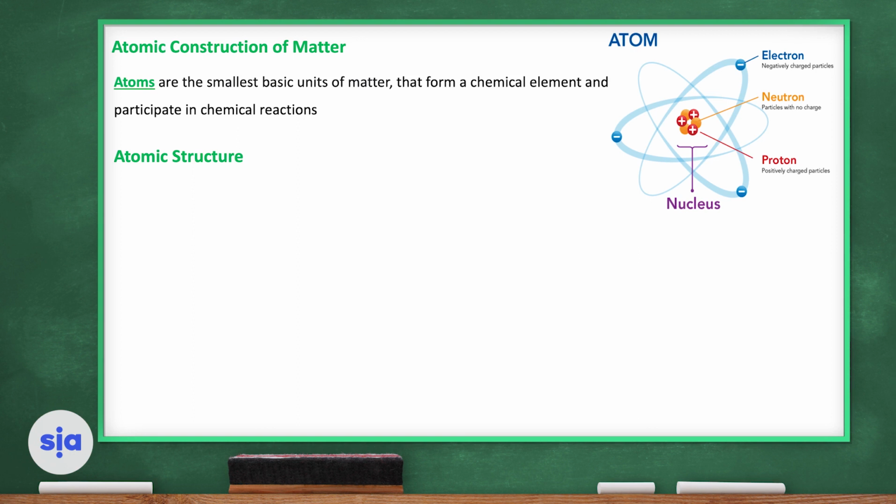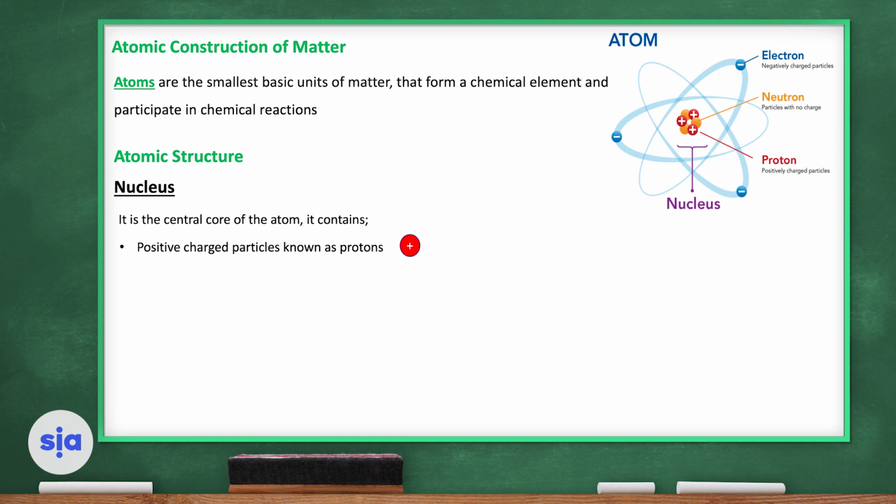The atomic structure is in front of you. Look at this picture. We have a nucleus at the center. The nucleus of the atom is the central core of the atom, and it contains positively charged particles called protons and neutral particles called neutrons.